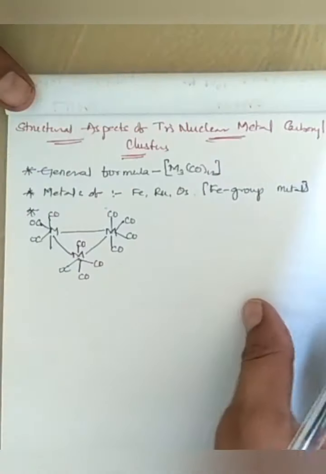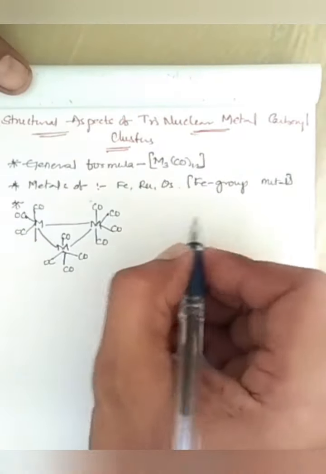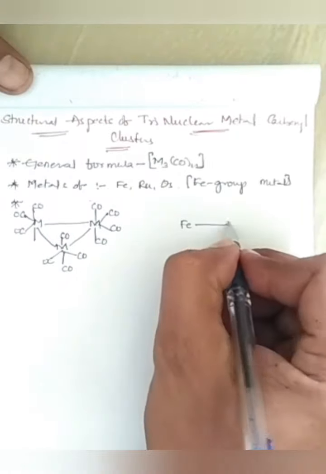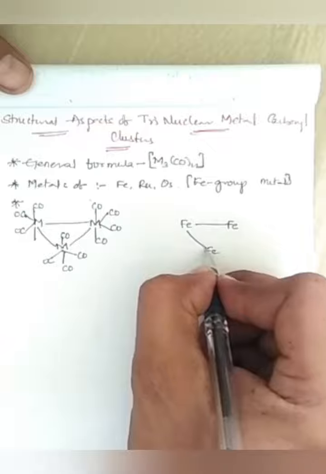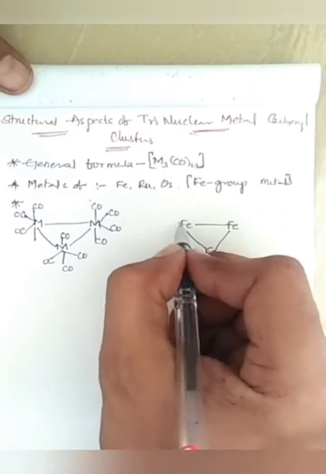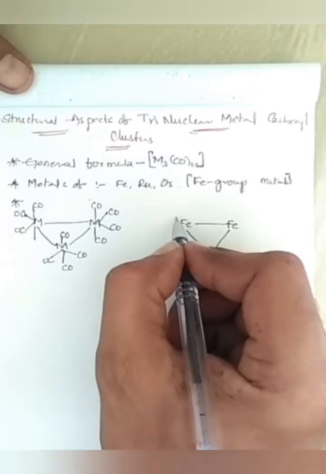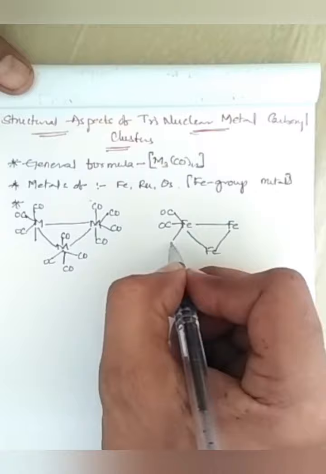In the case of iron, iron will have a slightly different structure, where iron has the same number of metal to metal bonds and the structure will be trigonal, but when it comes to the metal to ligand bonds, it has slight variation.